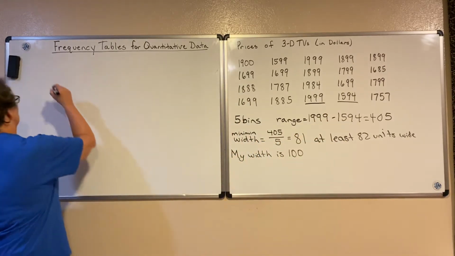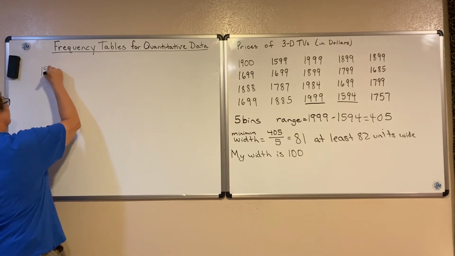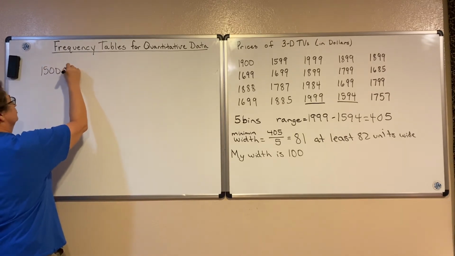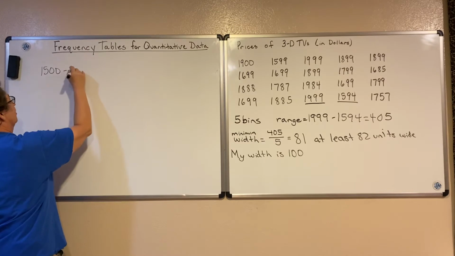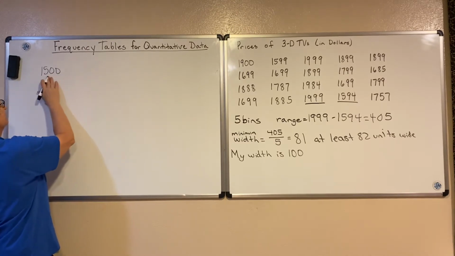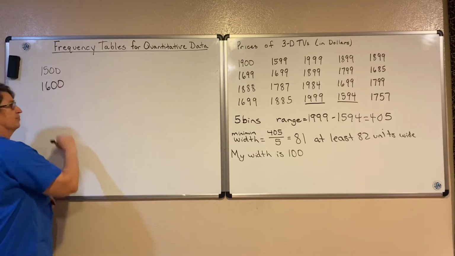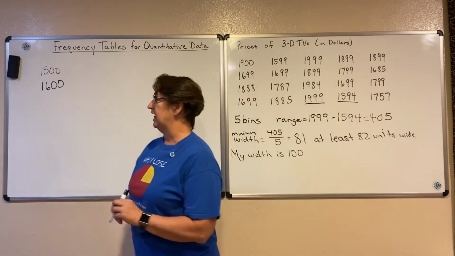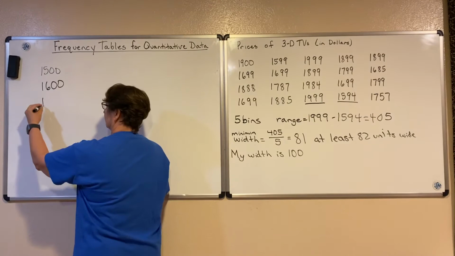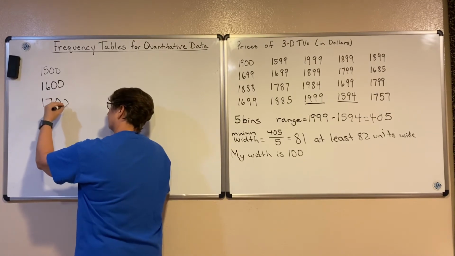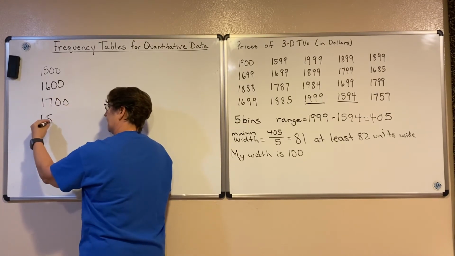So I'm going to count from 1500 to 1600. Actually, I'm going to go 1500, and then in the next class, I'm going to start at 1600. And in the next class, I'm going to start at 1700. And then the next one is going to be 1800.